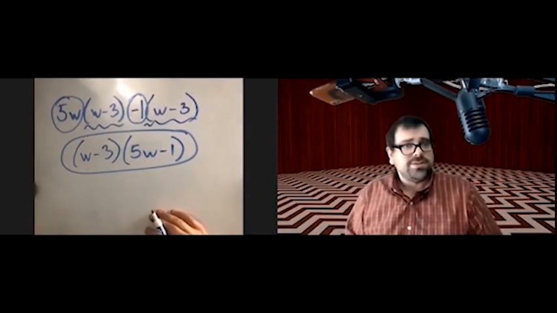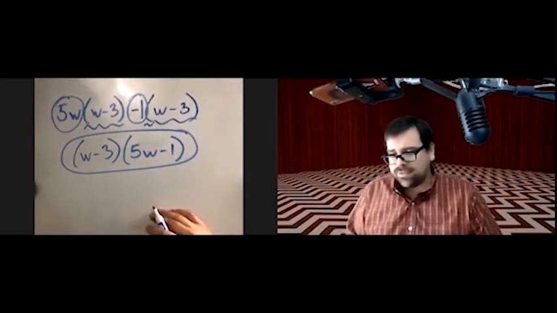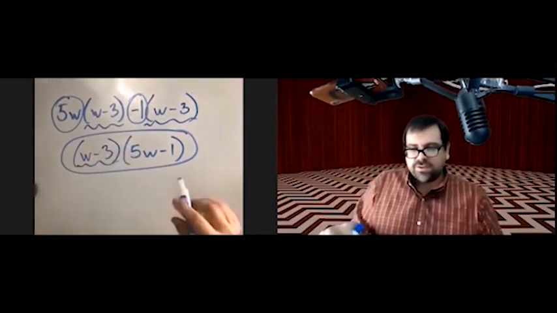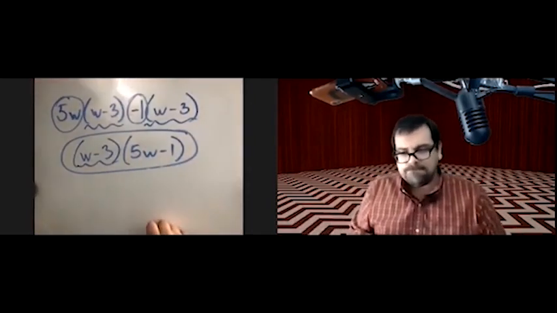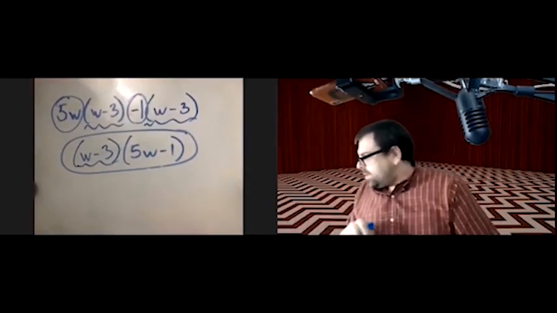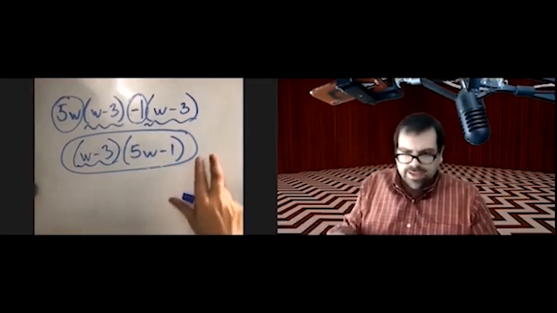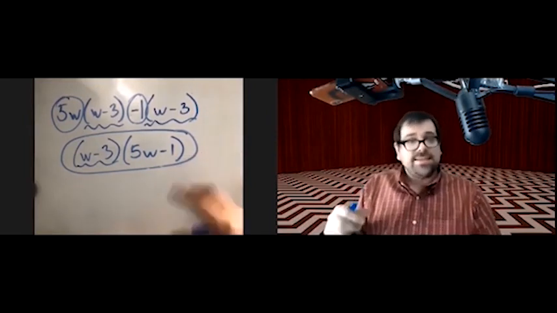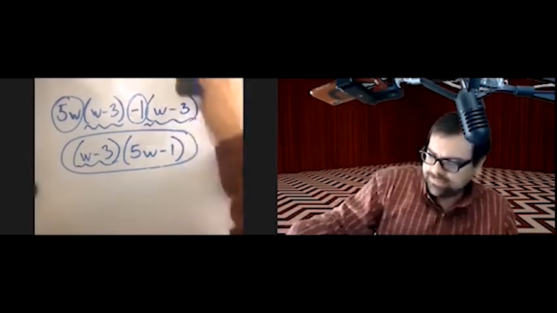Doing all that color coding was just making it more complicated in terms of what I'm writing. But the common factor gets factored out, and then what's left over is right there. This is going to be the basis of something called factoring by grouping.